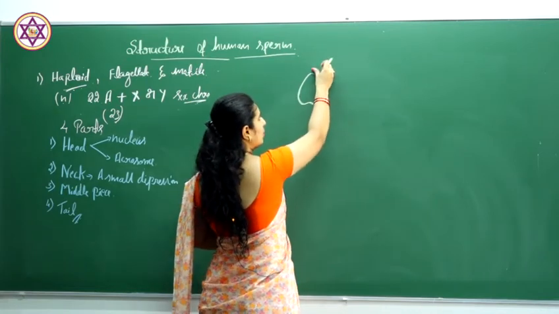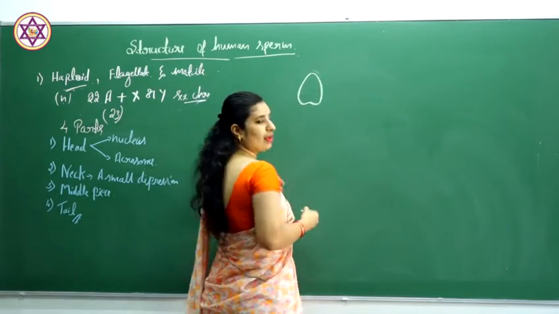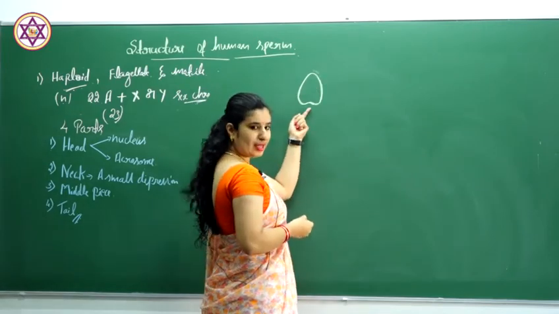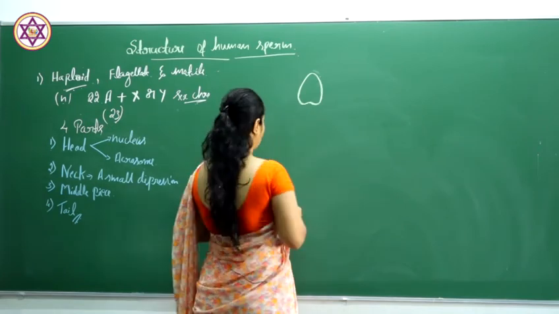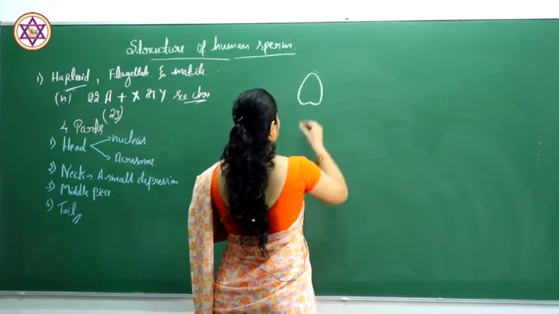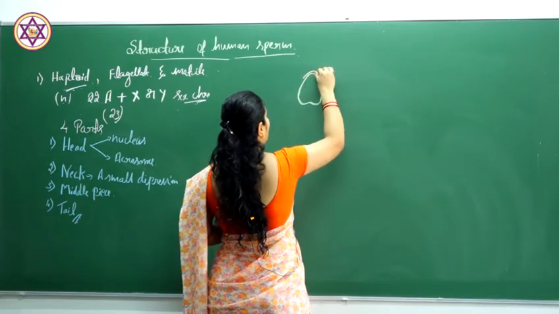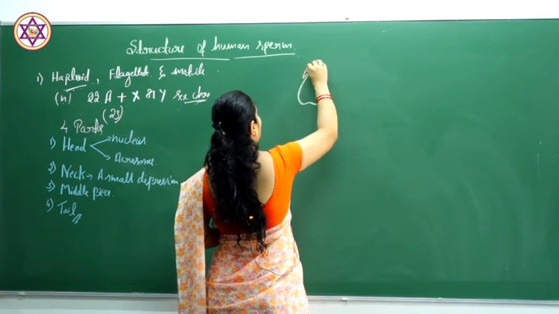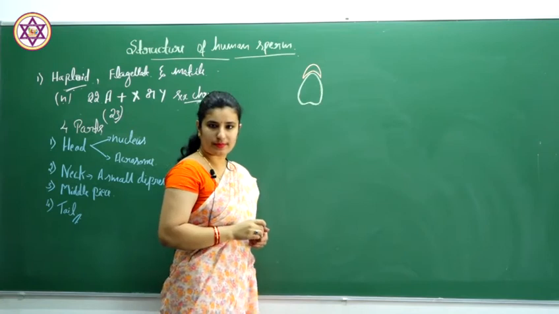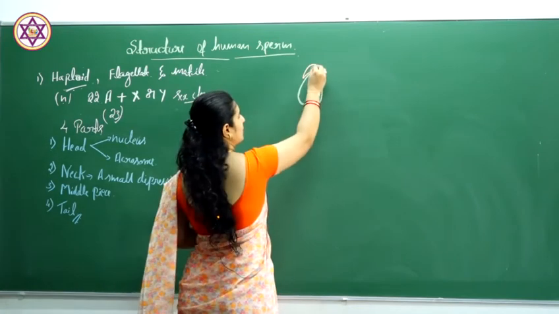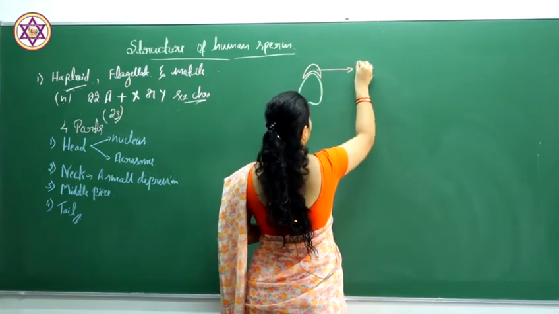Here the nucleus of the human sperm is pointed, and the posterior end has a kind of depression. Above the nucleus, we have a cap-like structure called the acrosome.